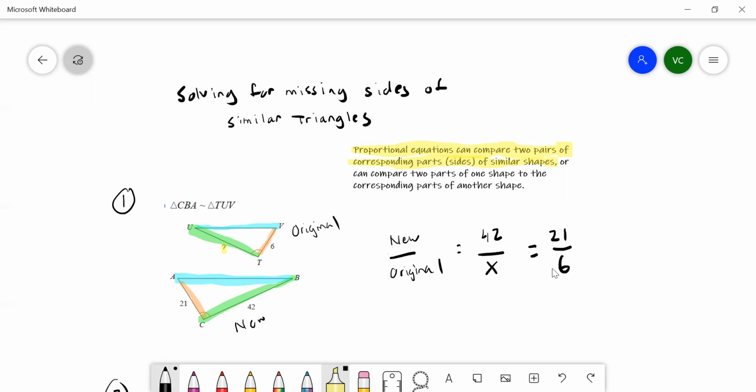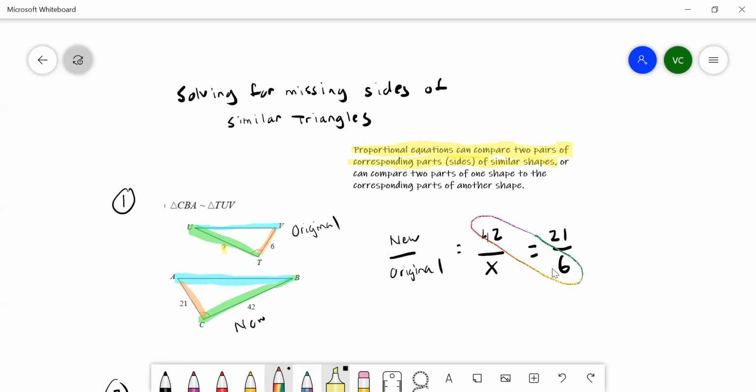Now you've set up your proportional equation, and the way you're going to find X is the butterfly method. The butterfly method is when you multiply. It's also called cross multiplication. You are going to circle this part of the equation and then this part, and multiply them.